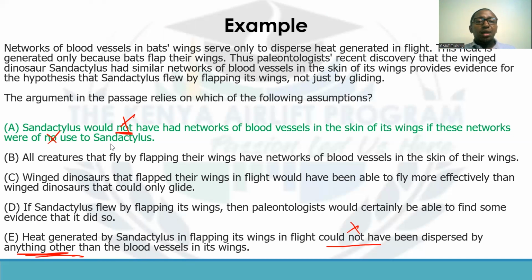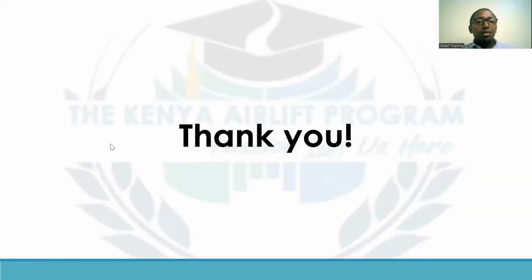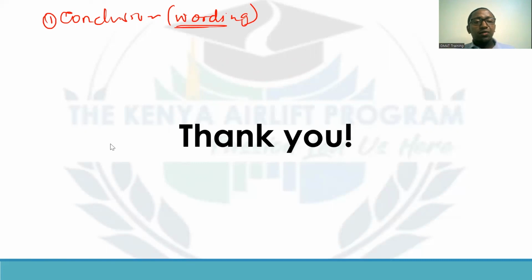So in summary, what we've said today: one, find the conclusion and make sure that you use the exact wording of the author. Do not ignore any words that are in the premise or any phrases that even seem unimportant.